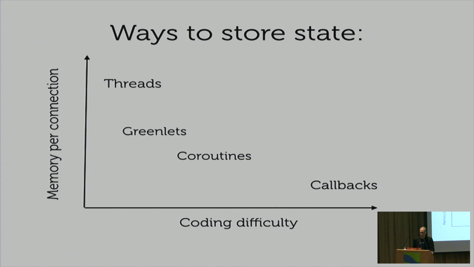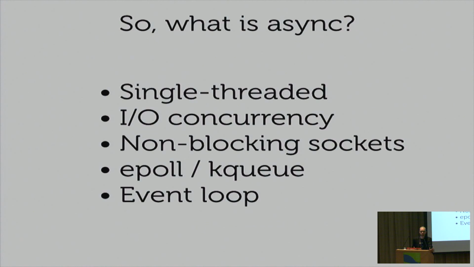So we've talked a little bit about when to use it and why everybody isn't already using async. So now we can start to answer what it actually is. Asynchronous frameworks are single-threaded. That means that they cannot do computational concurrency.